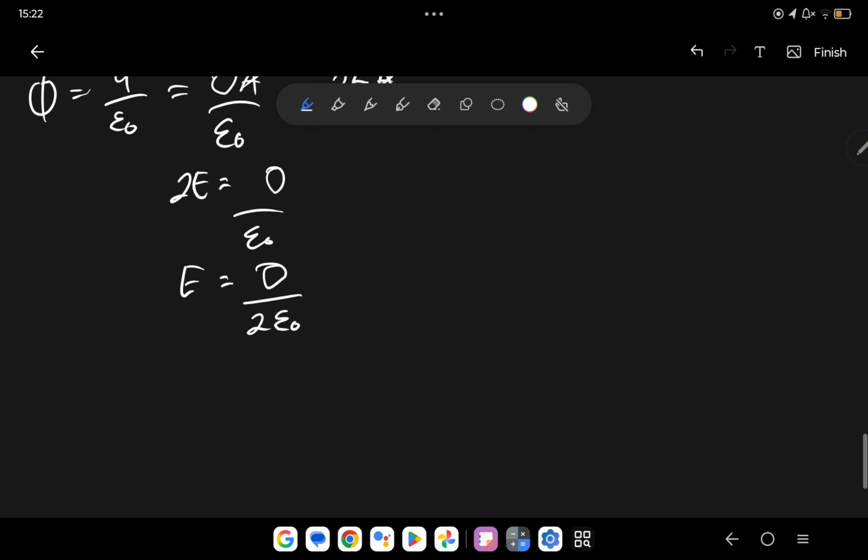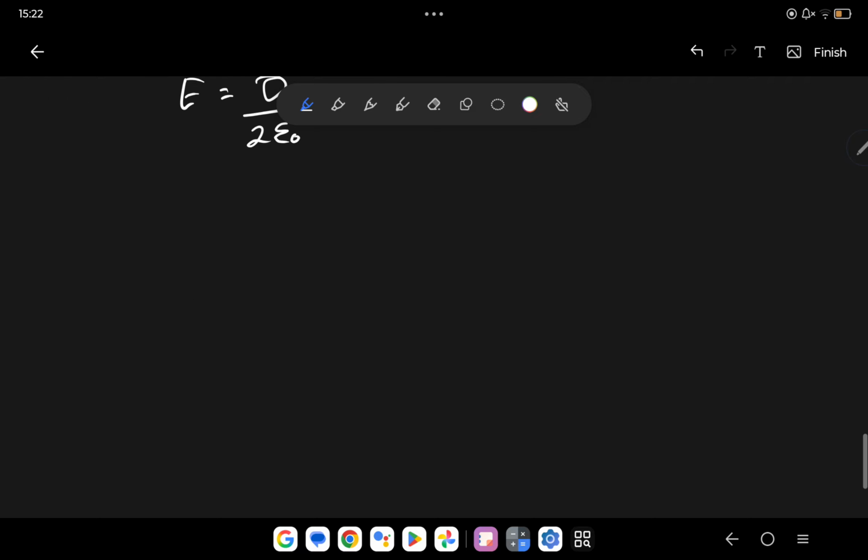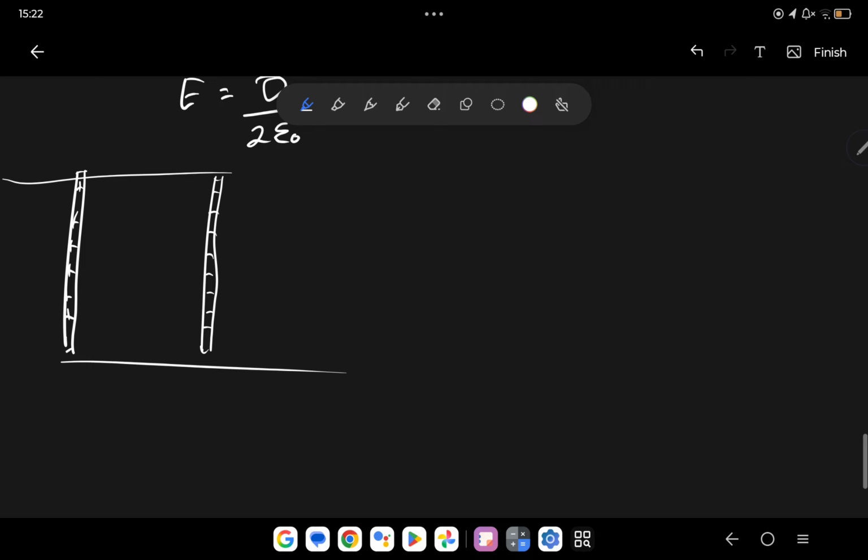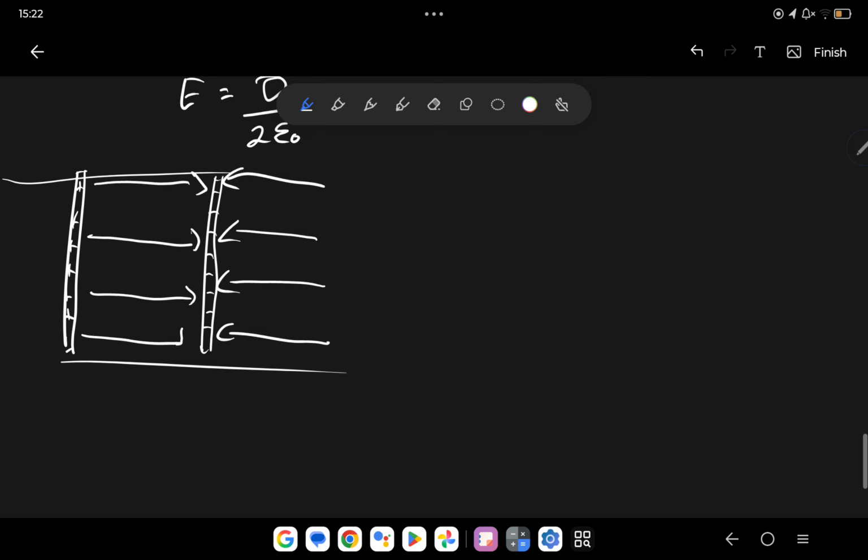But what if we have two plates? Let's say this plate is positive, and let's say this plate is negative. Now, let's just look from the horizontal side. I don't want to look at the angles. The negative side will point this way, and the positive side will point that way.